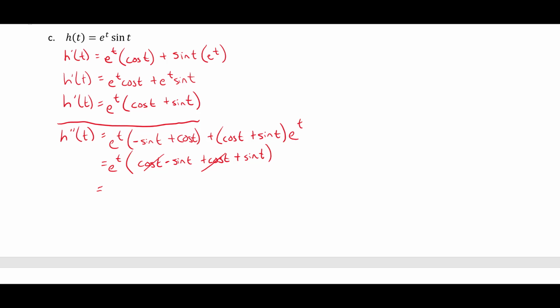The sine t's cancel each other out. And so I'm left with 2 cosine t, since cosine t plus cosine t gives you 2 of the cosine t's, times e to the t. And we're done.